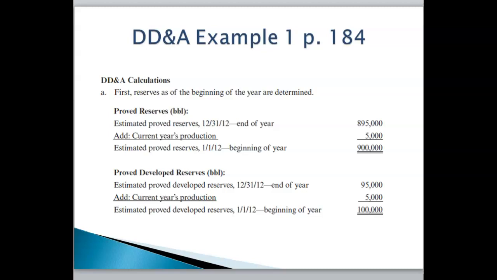So estimated proved reserves at the beginning of the year are 900,000. For the proved developed reserves, we're going to take estimated proved developed reserves at the end of the year of 95,000. We're going to add to that the current year production of 5,000. So our beginning of the year reserves are estimated at 100,000.